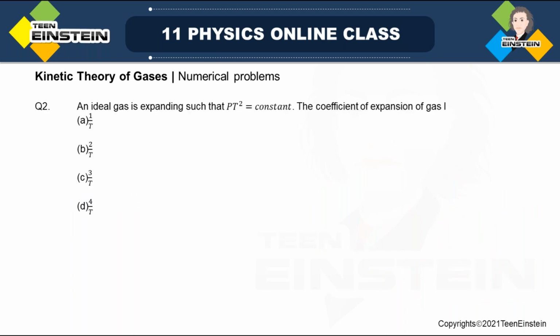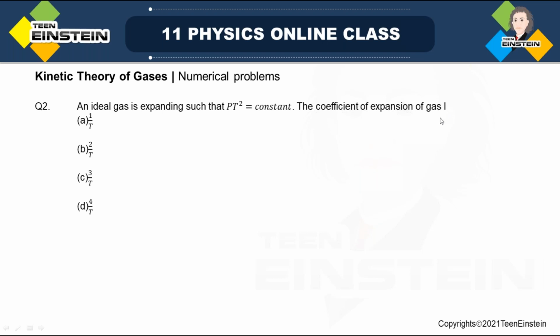Now, in the second question we see an ideal gas is expanding such that PT square is equal to constant.